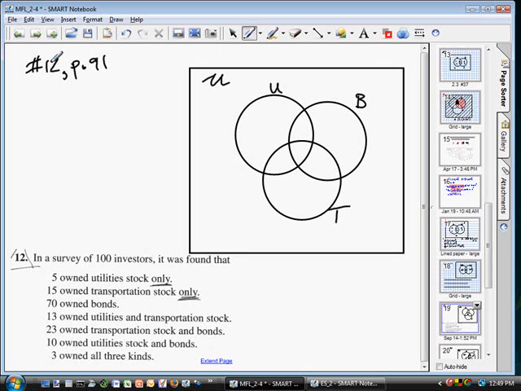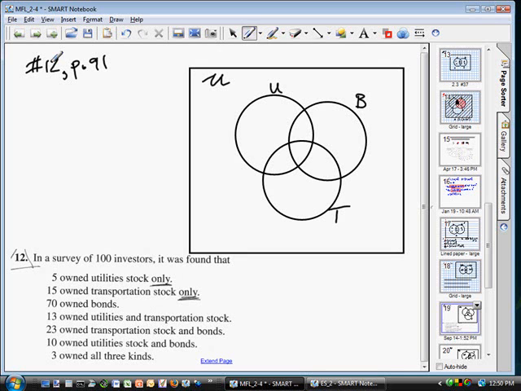You don't have to copy those all down, they're in the book. 23 owned transportation and bonds, 10 owned utilities, stock, and bonds, and 3 owned all. 3 owned all 3 kinds.